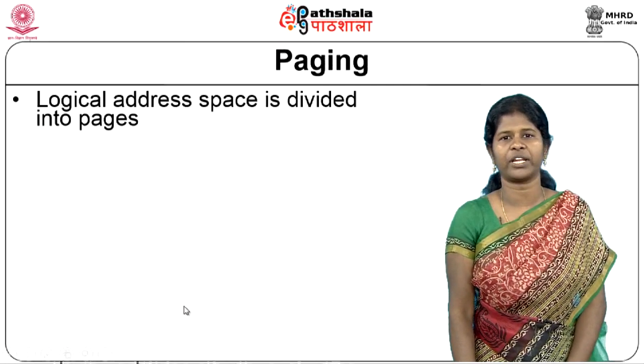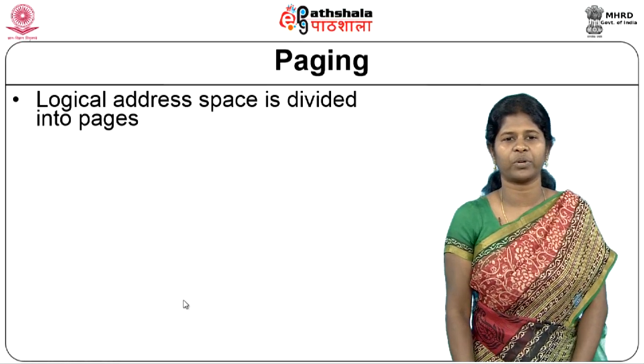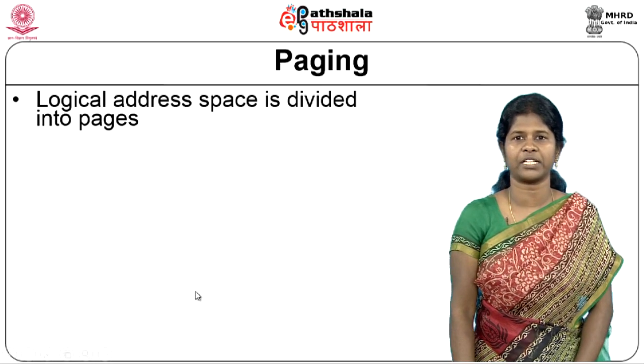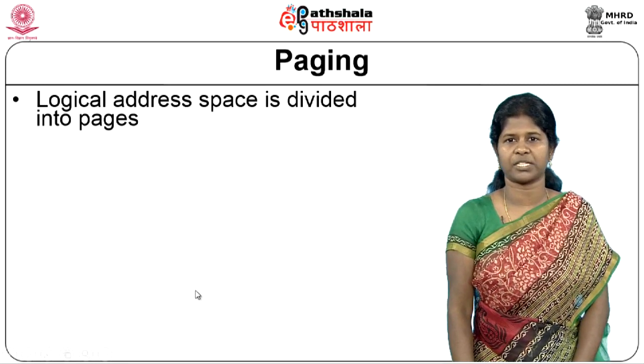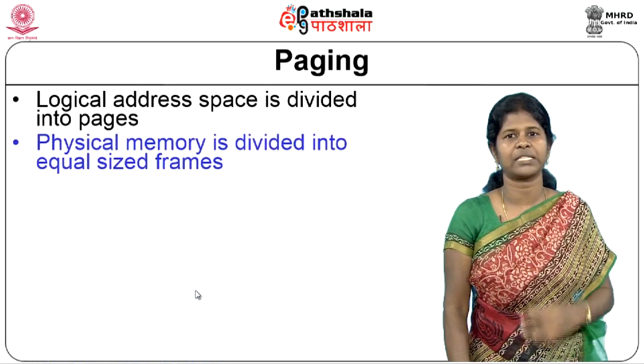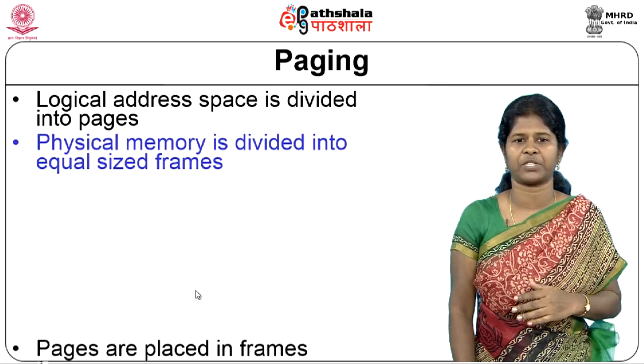And what is paging? We will have a brief introduction to the paging we had been seeing in the last few classes. In paging, the logical address space, or the user's address space, is divided into pages, and the physical memory where the process has to be kept is divided into similar sized frames.